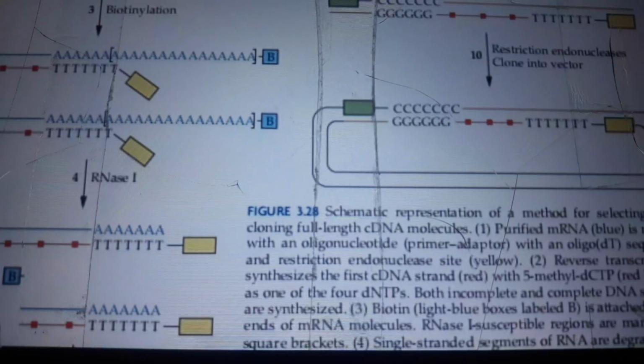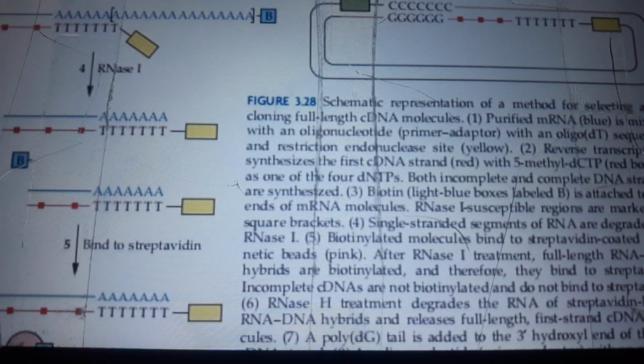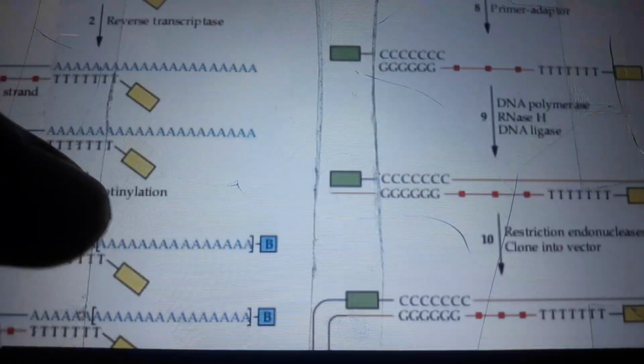This is a figure showing a schematic representation of a method for selecting and cloning full-length cDNA molecules. One, purified mRNA, blue, is mixed with an oligonucleotide primer adapter with an oligo-dT sequence and a restriction endonuclease site, yellow. That is here, blue with the yellow here.